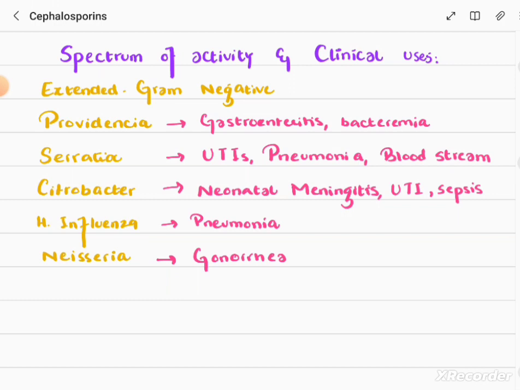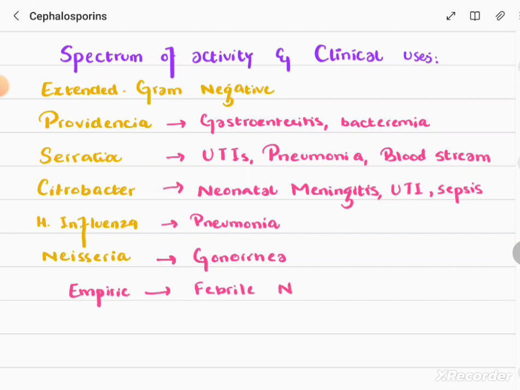So, to summarize, they are used for the treatment of meningitis, for the empirical therapy of sepsis, and for the treatment of gonorrhea, gonococcal urethritis, and cervicitis. They're used to treat various bloodstream infections, and third generation cephalosporins are also used for the empiric therapy of sepsis if the patient has febrile neutropenia.